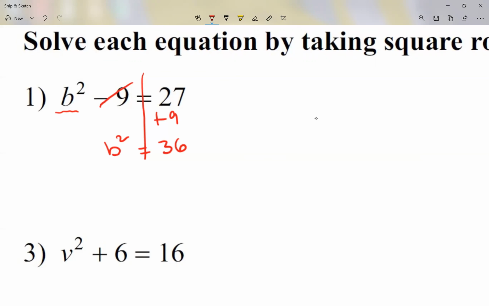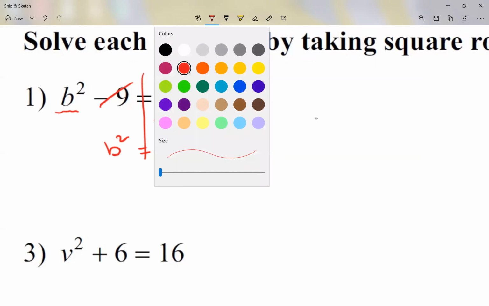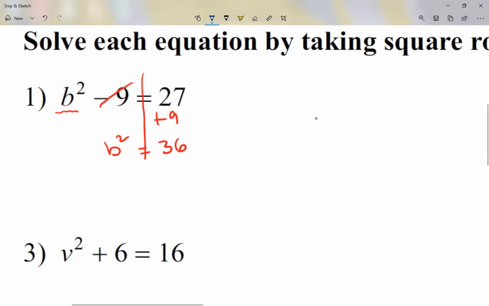Now, I still want the b by itself. I don't have it yet. What I'm going to do is the opposite of a square. I know the opposite of a minus was a plus. I know the opposite of times is divide. But the opposite of a squared, the opposite of an exponent, is a root. I'm going to write this symbol. We call this a radical symbol.